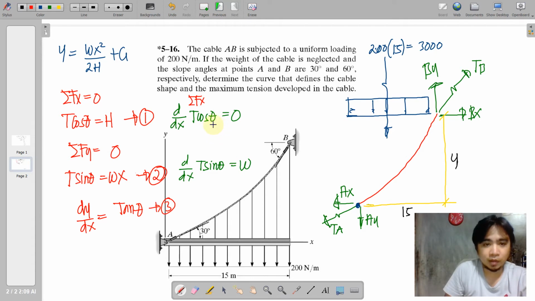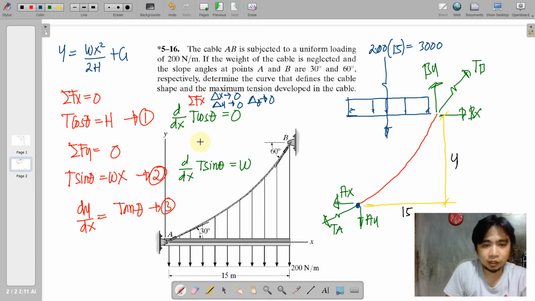So applying derivatives where those deltas will approach 0, there will be no slope, therefore our H will always be equal to the horizontal component of T, that is T cosine theta.